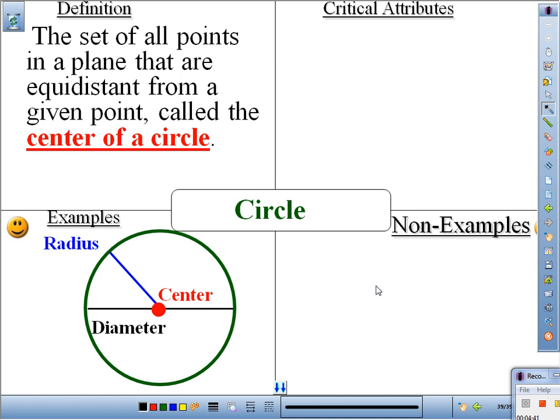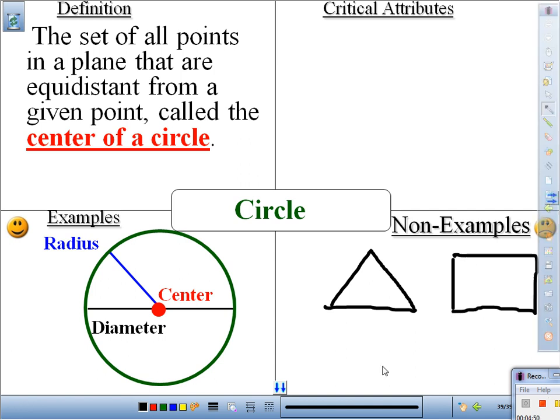For a non-example, it could be anything. It could be a triangle. It could be a rectangle. It could be anything as long as it's not a circle.